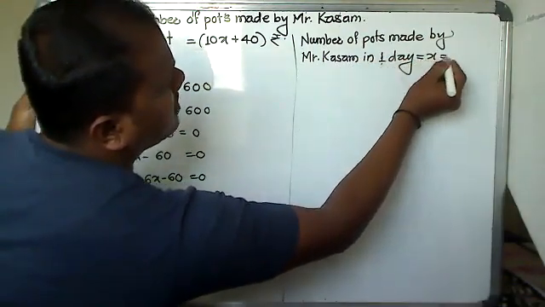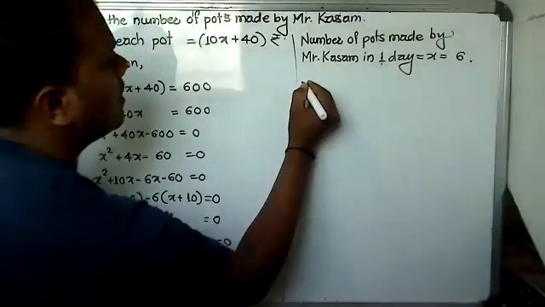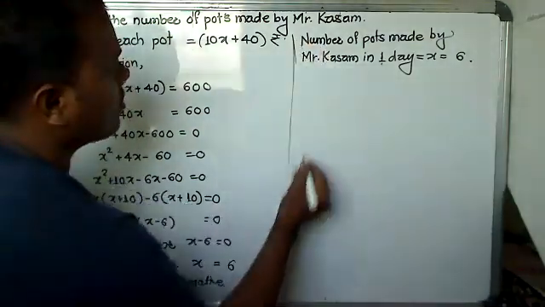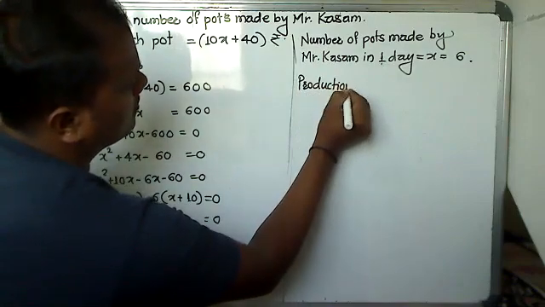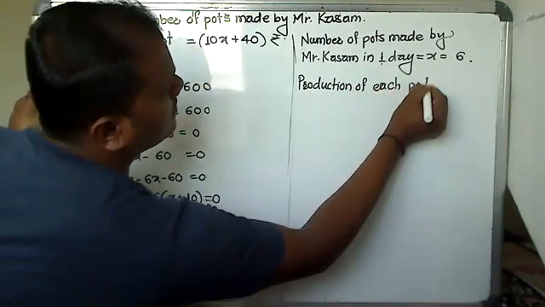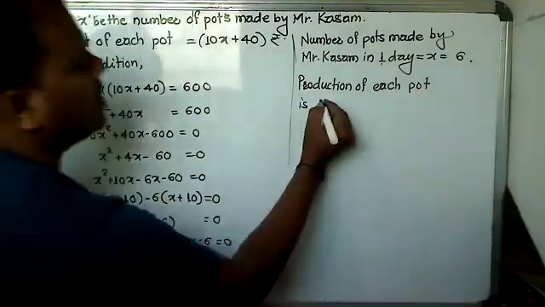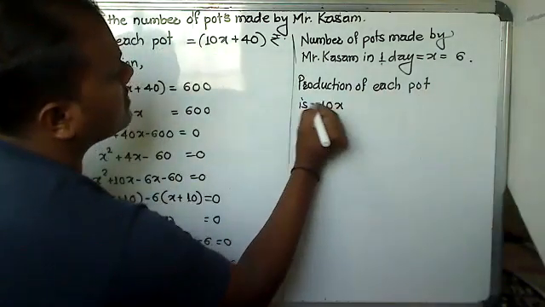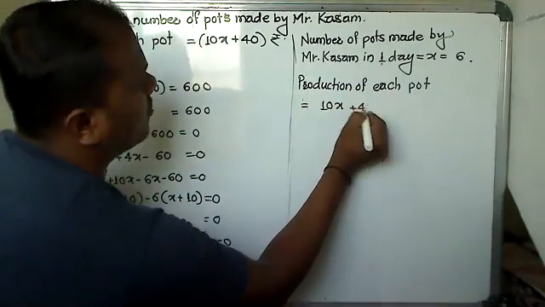is x equal to 6, and the production cost of each pot is 10x plus 40.